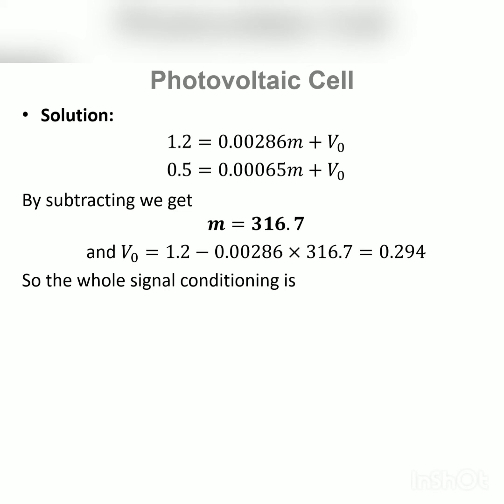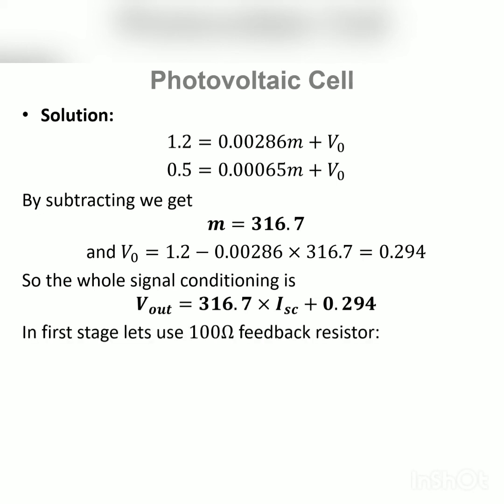So the whole signal conditioning is Vout equals 316.7 into ISC plus 0.294. In the first stage, let's use a 100 ohm feedback resistor. So Vout will become 3.167 into 100 into ISC plus 0.294.